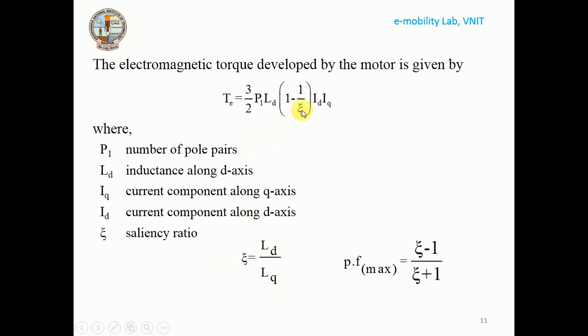You can see here, when the saliency ratio is more, the torque produced will be high. So to have a good torque density motor for traction application, we should have a saliency ratio as high as possible. Then the maximum power factor also depends on the saliency ratio. This is represented as (zeta minus 1) by (zeta plus 1).